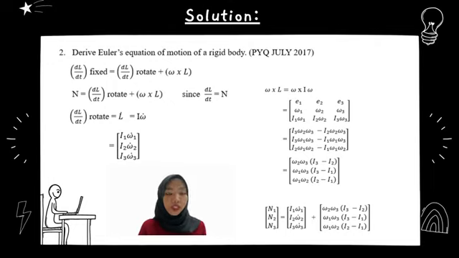And at the end, we got the equation N, which we write as N1, N2, and N3 is equal to I1 omega dot 1, I2 omega dot 2, I3 omega dot 3 plus omega 2 omega 3 in bracket I3 minus I2, omega 1 omega 3 in bracket I3 minus I1, omega 1 omega 2 in bracket I2 minus I1 in matrix form.